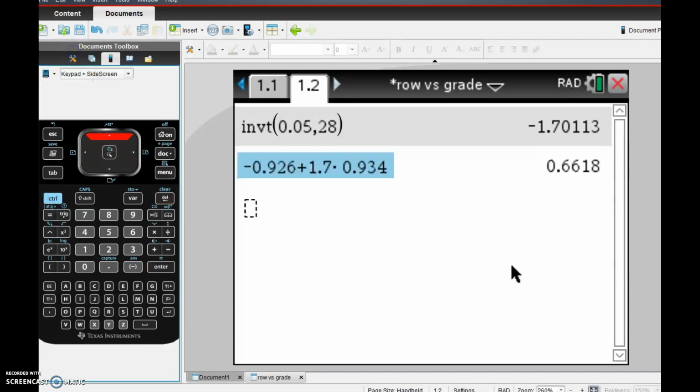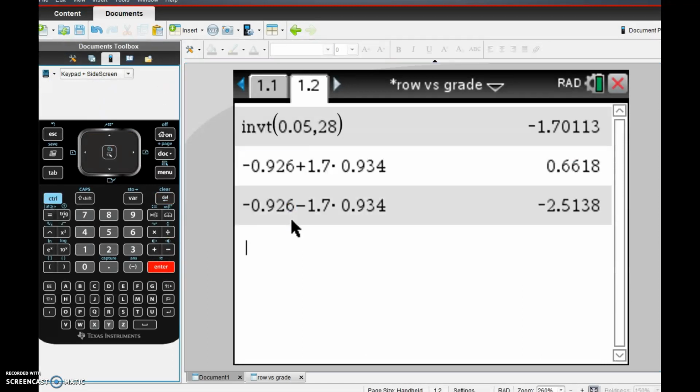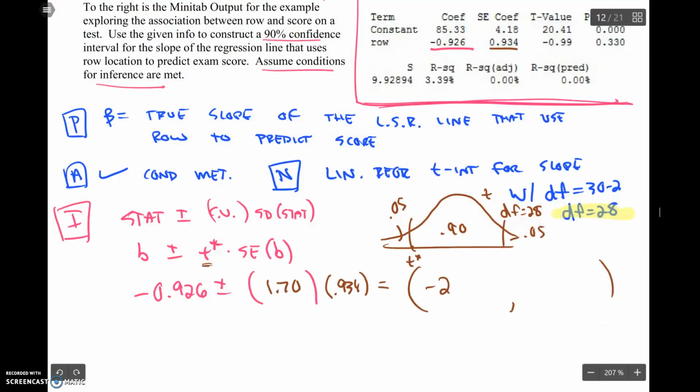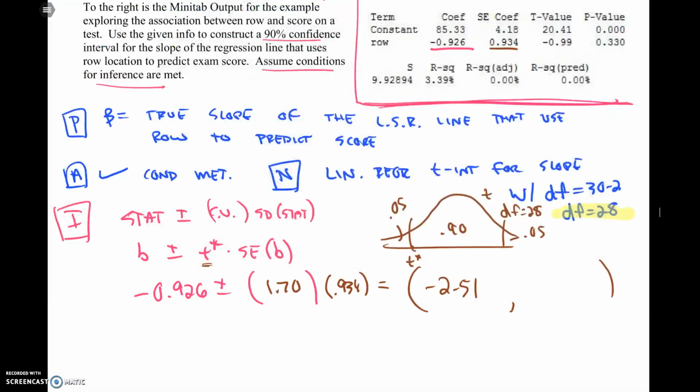Grab that calculation and put a minus right there. So negative 2.51 to positive 0.66. So the interval for the true slope is somewhere between negative 2.5 and positive 0.66. Okay?